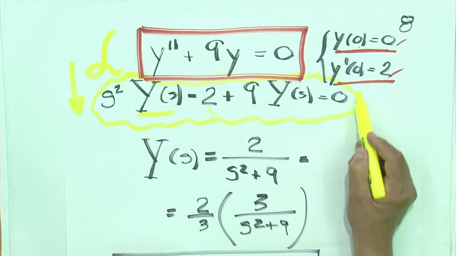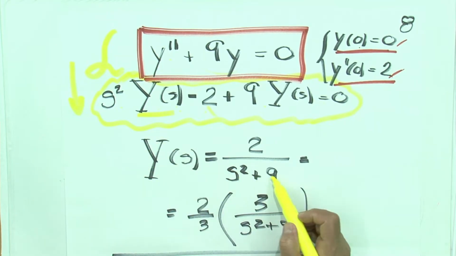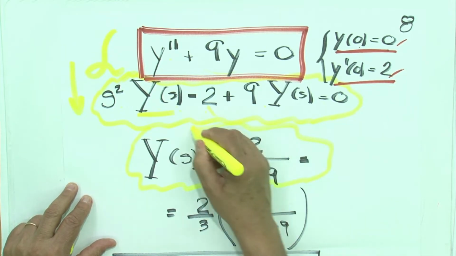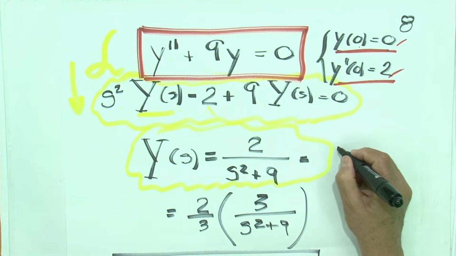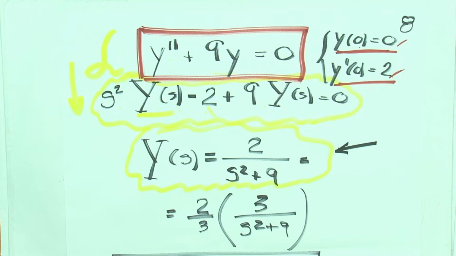I just put the 2 on the other side. Therefore, divided by s squared plus 9, I got the Laplace transform of the function. What function? The function that I'm looking for, the function that is the solution of the original equation.